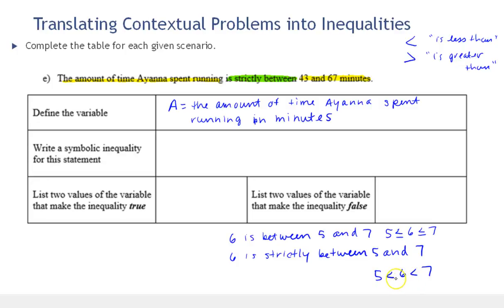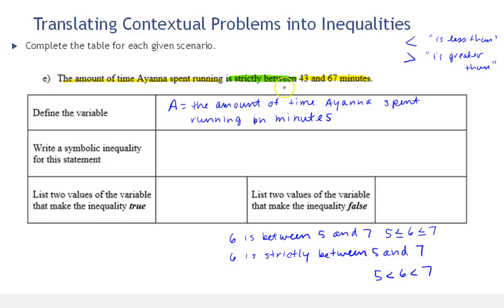So I know these are numbers. Both of these are actually true. The equal signs aren't necessary because 6 is between 5 and 7 and doesn't equal them. But now that we're dealing with variables, it can be a little bit harder to decide. So when we say strictly between, we're going to say that that means that it's a strict inequality where it can't be equal to either of the endpoints.